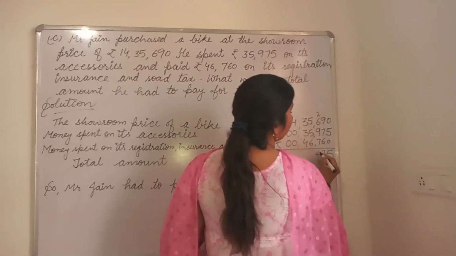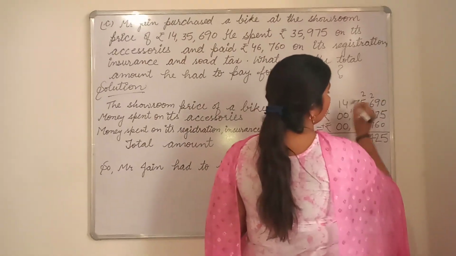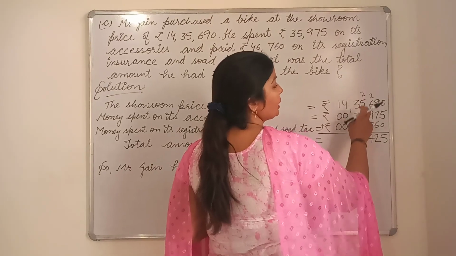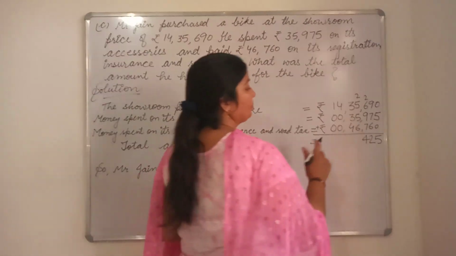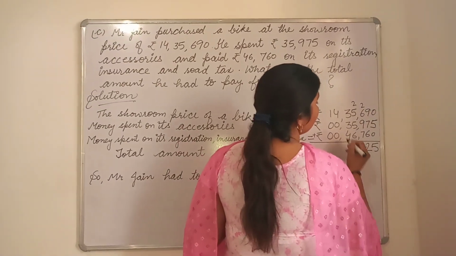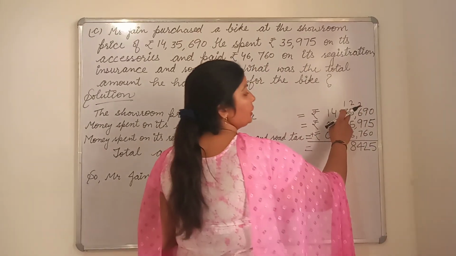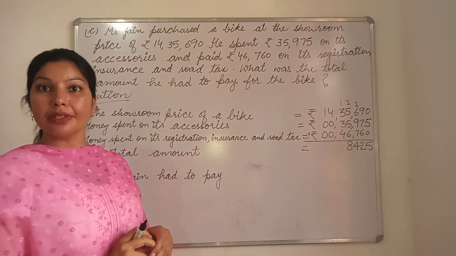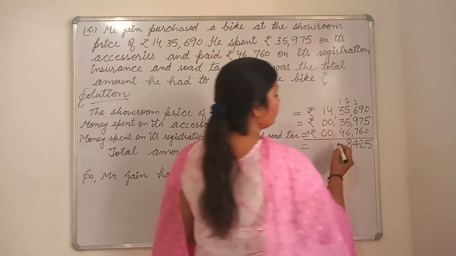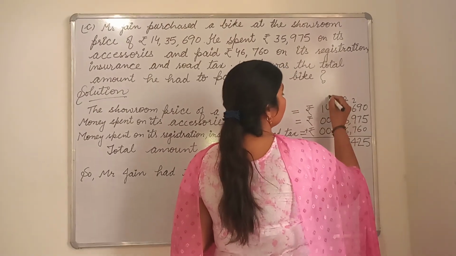So we write here 4 and 2 goes carry. Now 5 plus 2, 7. 7 plus 5, 12. 12 plus 6, 18. So we write here 8 and 1 goes carry. 3 plus 1, 4. 4 plus 3, 7. 7 plus 4, 11. So we write here 1 and 1 goes carry.